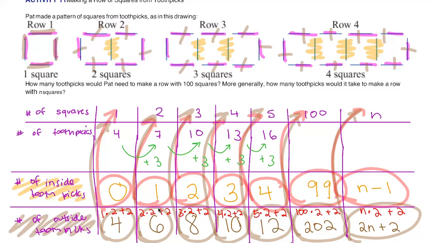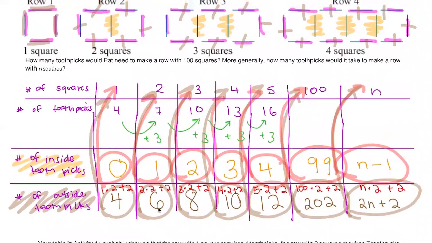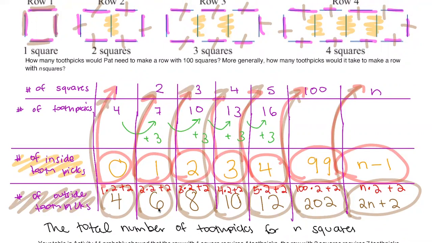Cool. So I know for the total number of toothpicks, I should get, let's actually write that down. The total number of toothpicks for n squares is equal to n minus 1 plus 2n plus 2.